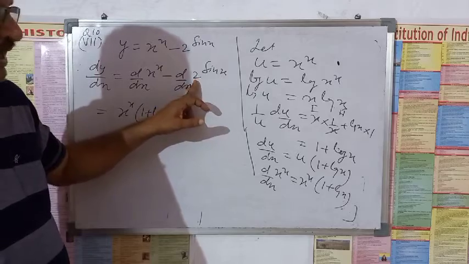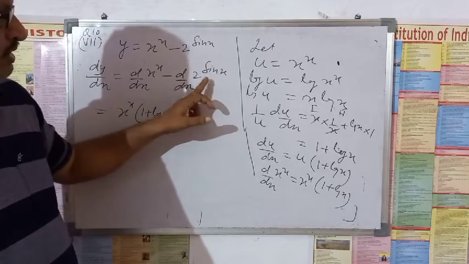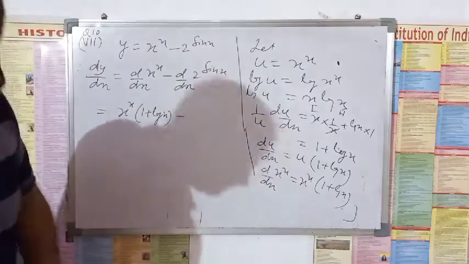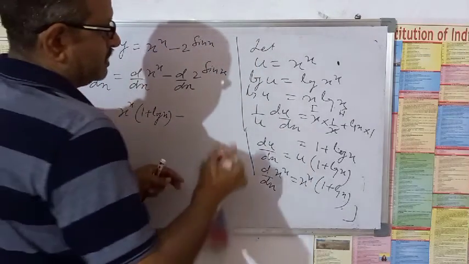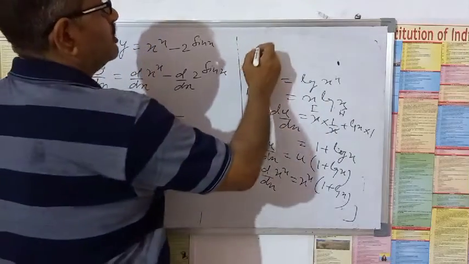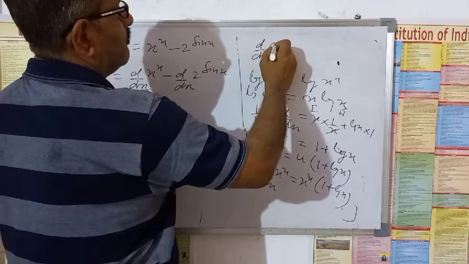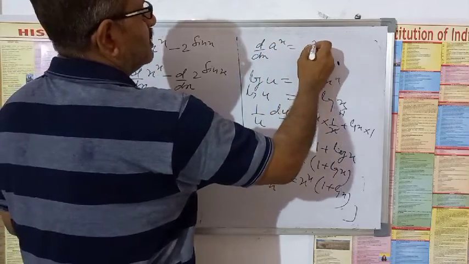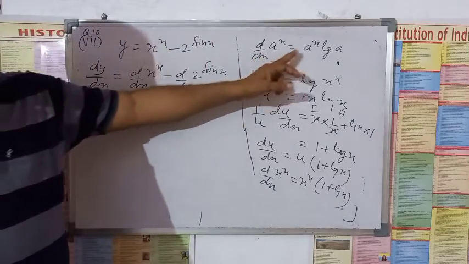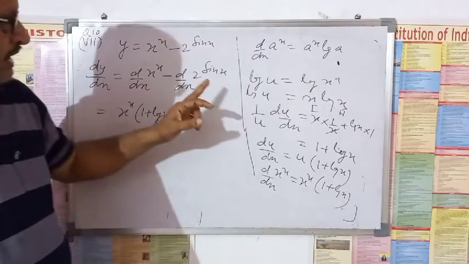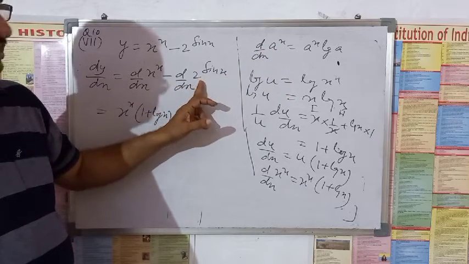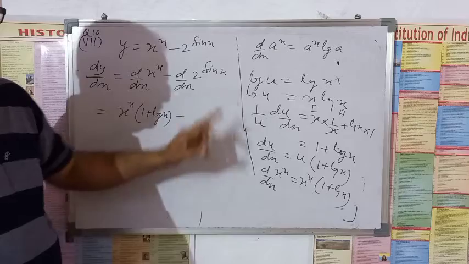So we will apply here a to the power x derivative. We know that d by dx of a to the power x is a to the power x log a. Here 2 to the power sin x. So in place of a, 2 is there. And in place of x, sin x is there.